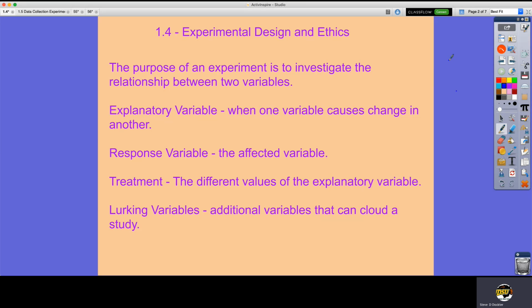So the purpose of an experiment is to investigate the relationship normally between two variables. All right. It can be more than that, and it kind of depends on what you want to do. If you only have two variables, though, the explanatory variable is when one variable causes change in another. Okay.